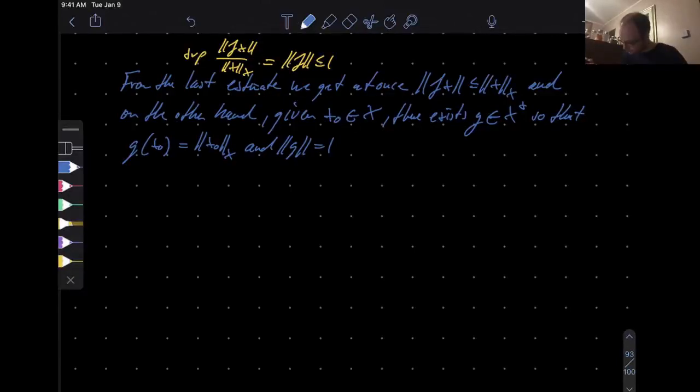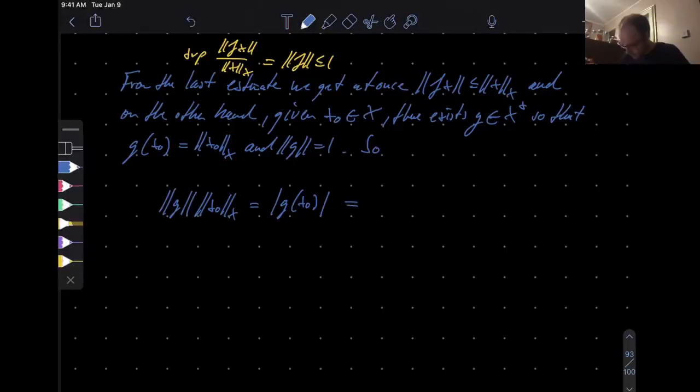All right. So if you now look at the norm of x naught like this, then this is equal to G of x naught. Remember the linear functional has norm equal to 1, so I can artificially write it here on the left.